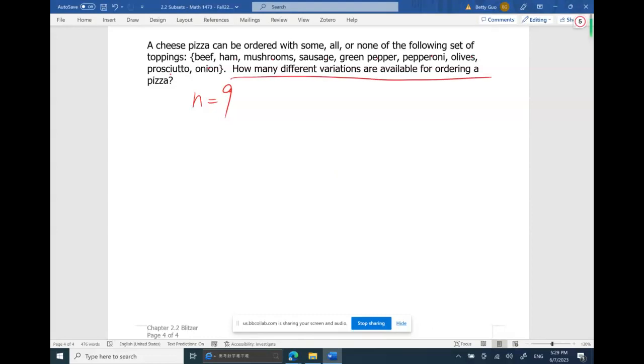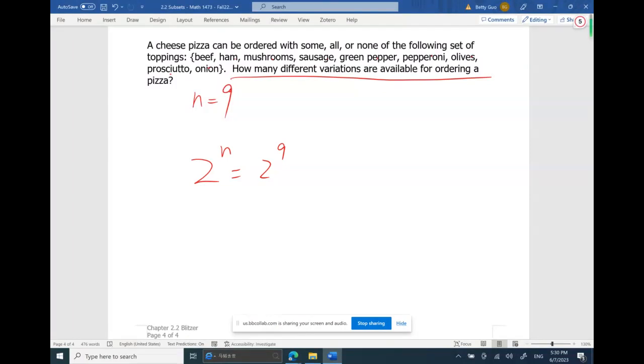Now how many different variations are available for ordering a pizza? Ordering a pizza by choosing the toppings is actually a process of forming a subset of the given set. So by the formula we have just proved, there are 2 to the power of n subsets, right?